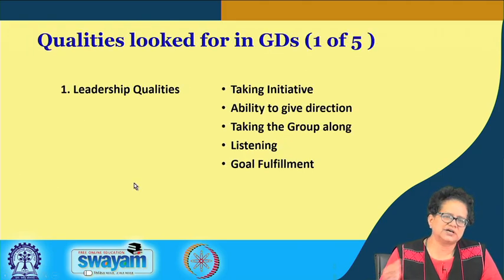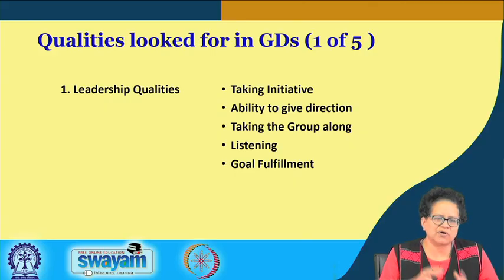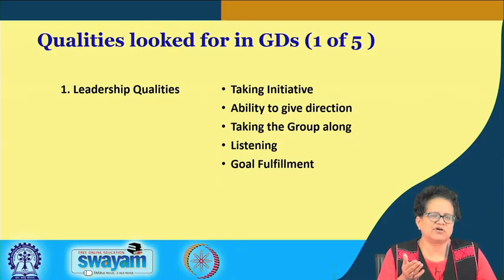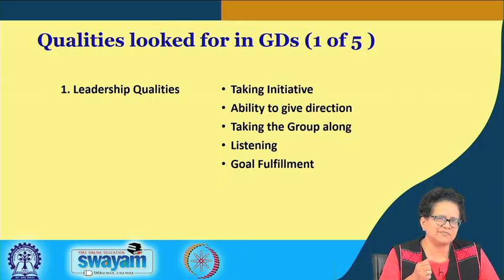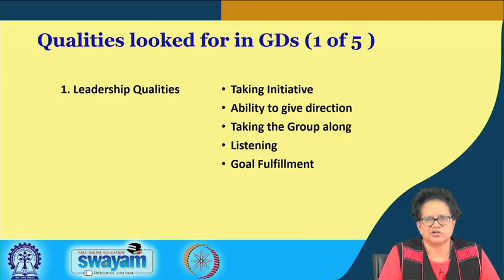So, let us look through 5 slides on why the organization or the recruiter is holding a GD and what are the qualities which he or she is looking for, analyzing the candidates for. And the first one of these is leadership quality. As I have been saying again and again, everybody wants a leader, nobody wants a loser.